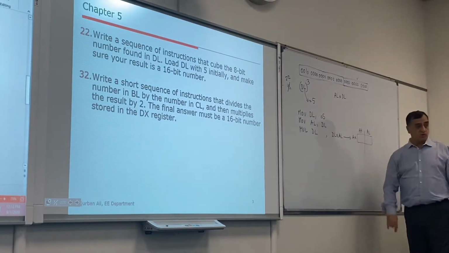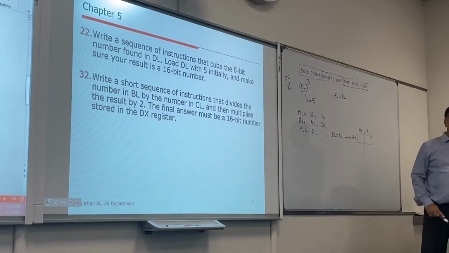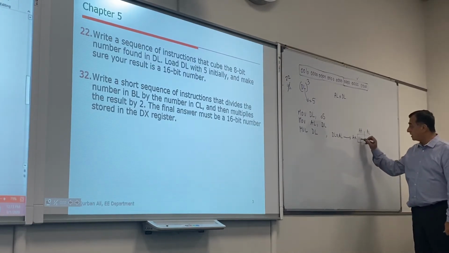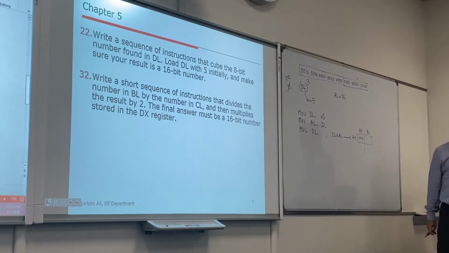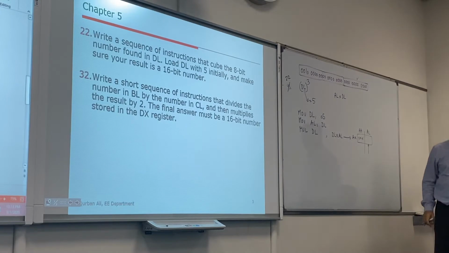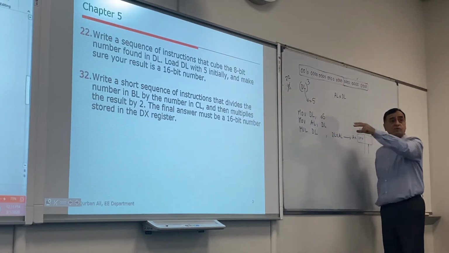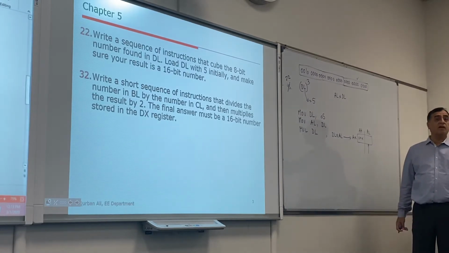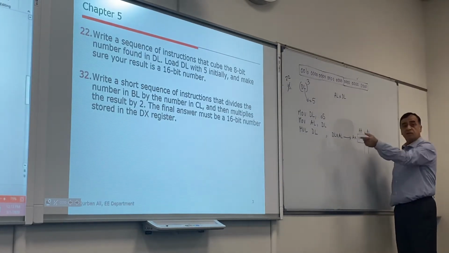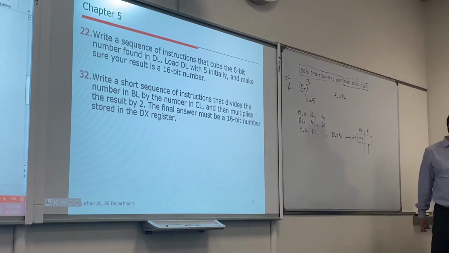Now, what do I do next? My answer is in both, supposedly, right? But there is one thing you should note. This number is small, so the value in AH is not needed. Our actual value is in AL, because 5 times 5 will be 25. If this number is very big, at least like 100 or 120, then multiplying 120 with 120 will be a big number, more than a byte. Since this is 5, the answer will still be a byte.